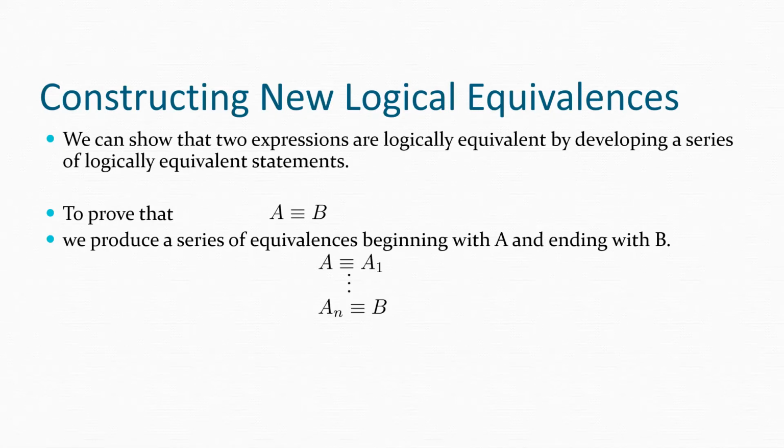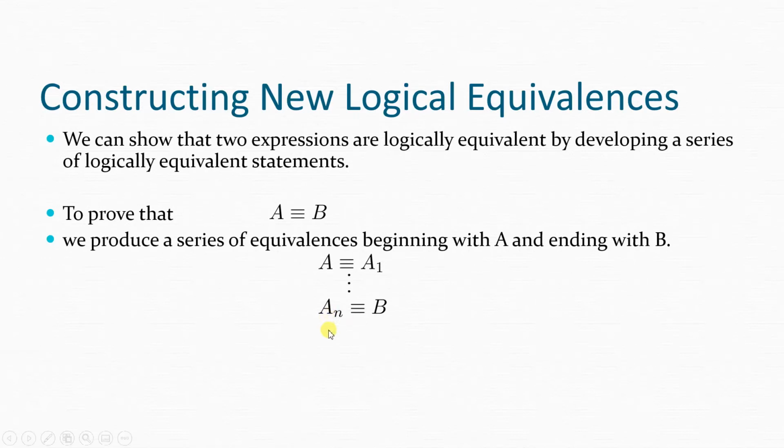If we know that A is equivalent to A1, then we will write A is equivalent to A1. And if we know that A1 is equivalent to A2, then A will be equivalent to A2. If A2 is equivalent to A3, then A will be equivalent to A3 and so on. Ultimately, we'll end up with a proposition which is equivalent to B. So this is how we can show the two expressions are logically equivalent.